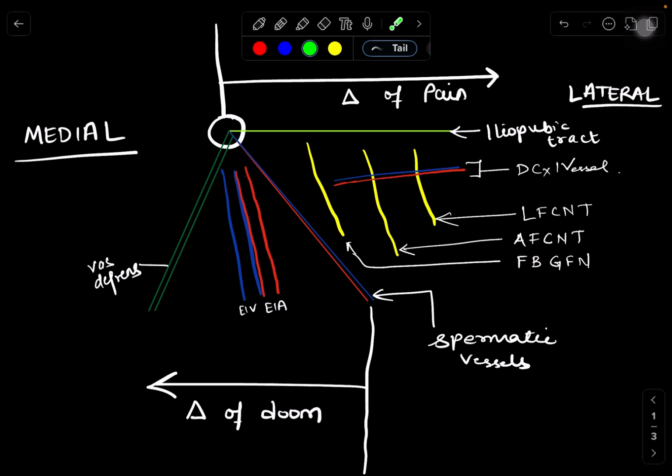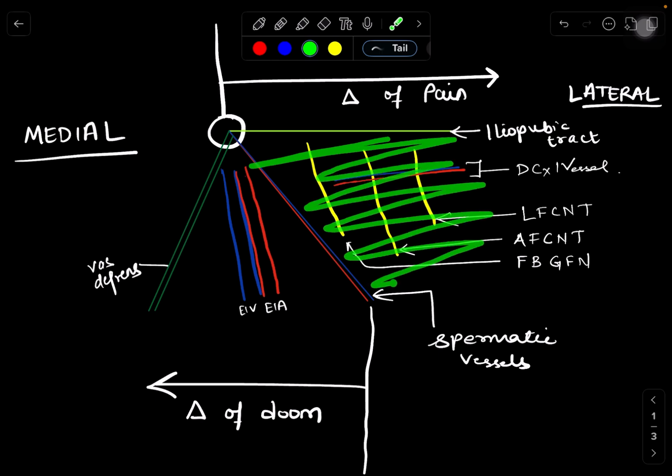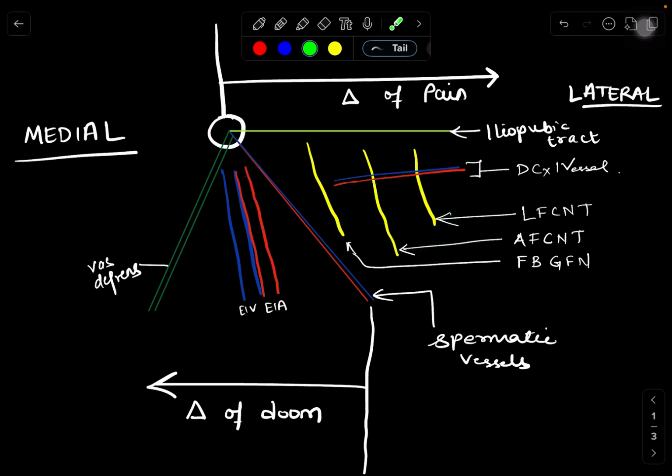Tack placement is avoided here because if you place any tack here, it will cause chronic groin pain. So now you understand why below the iliopubic tract, tack placement should be avoided, because either it will cause catastrophic bleeding or it will cause chronic groin pain.